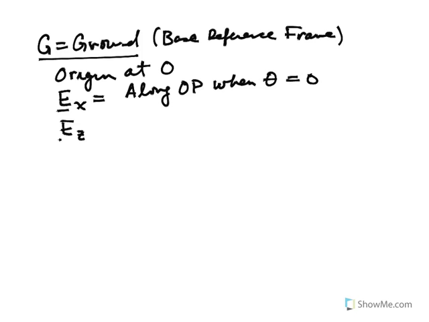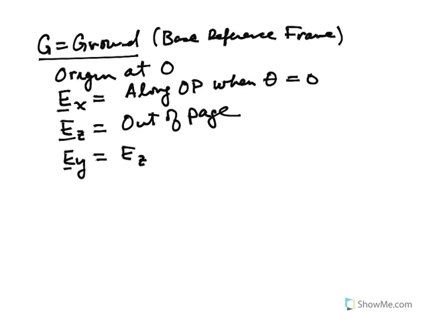I'm going to pick EZ to be out of the page because that's the direction of the axis of the rotation, and then EY is going to equal EZ crossed with EX. Now I have the first coordinate system defined in the first reference frame, which is the base reference frame.